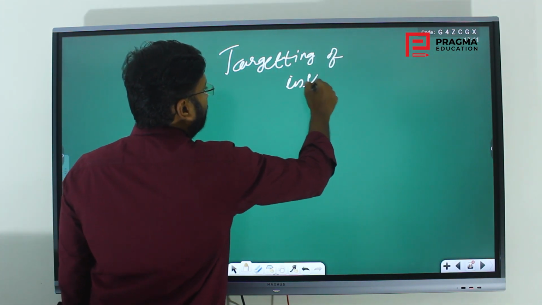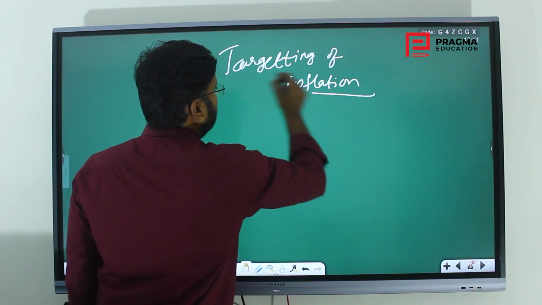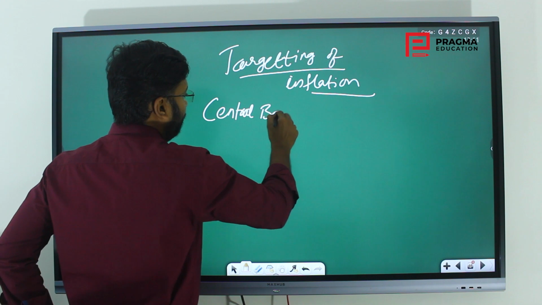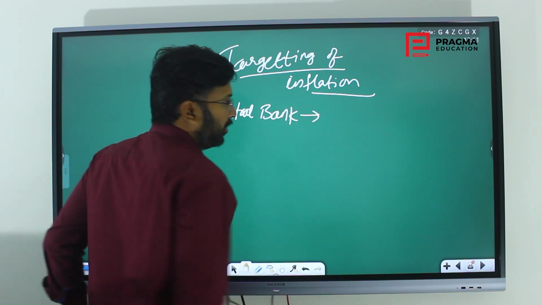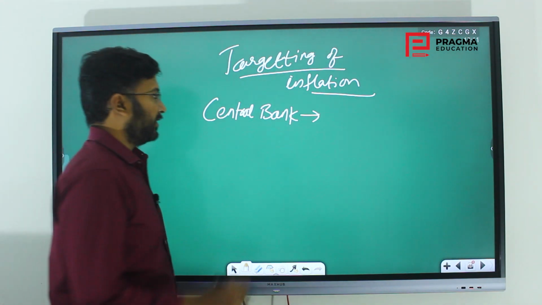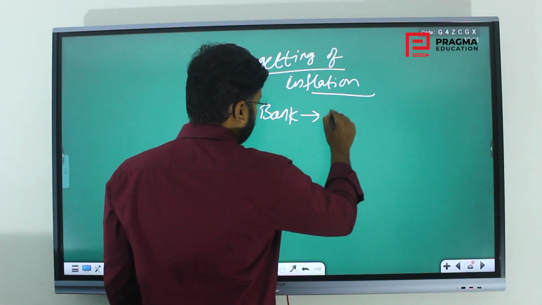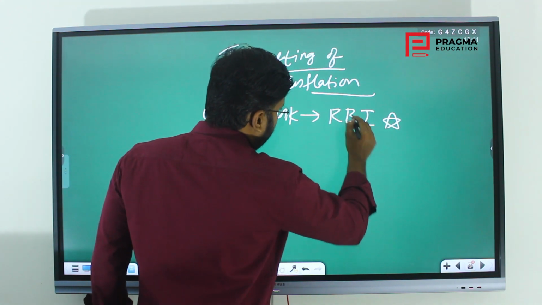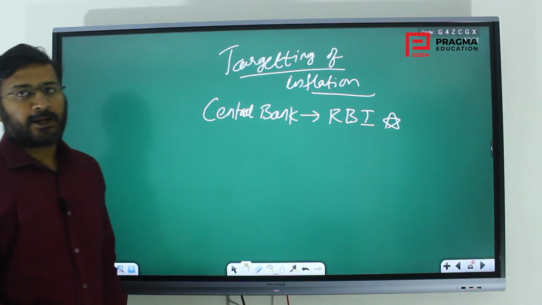So in order to target inflation, the RBI, generally the central bank of an economy, will work on its monetary policy to control inflation. What is the central bank of India? That is the RBI. So the RBI manages or targets inflation.